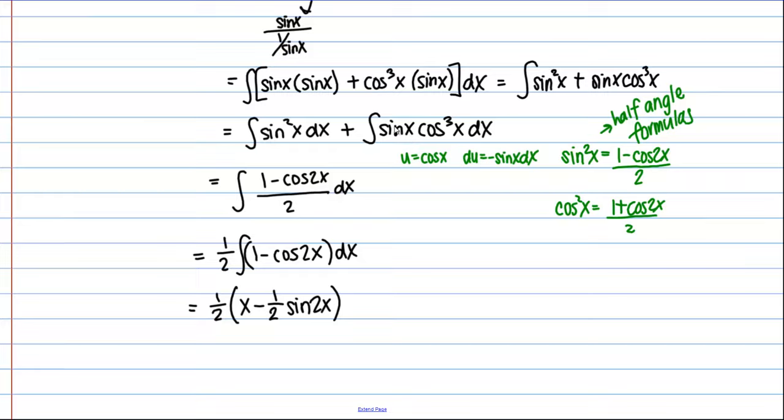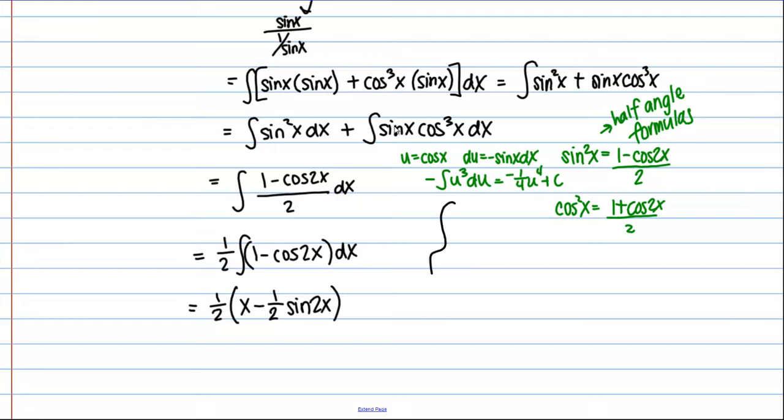So then I need to introduce a negative sign, negative integral of u cubed du, which is just going to give me negative 1/4 u to the 4th plus c.